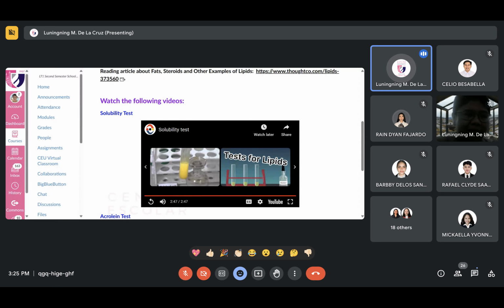So, as I was saying, our lipids is soluble in ethyl alcohol, chloroform, and also petroleum ether, and benzene. But it is not soluble in water.